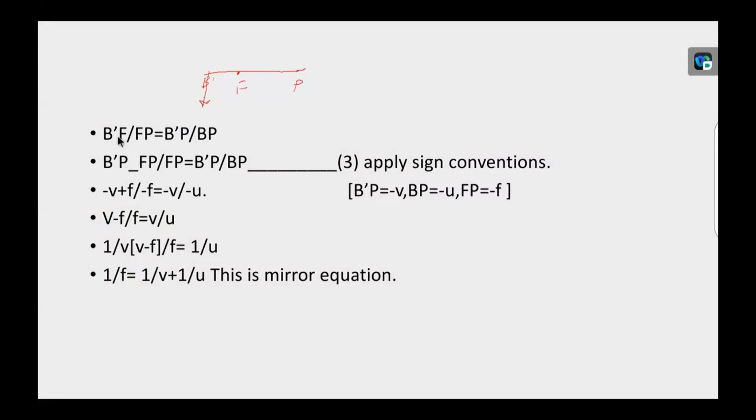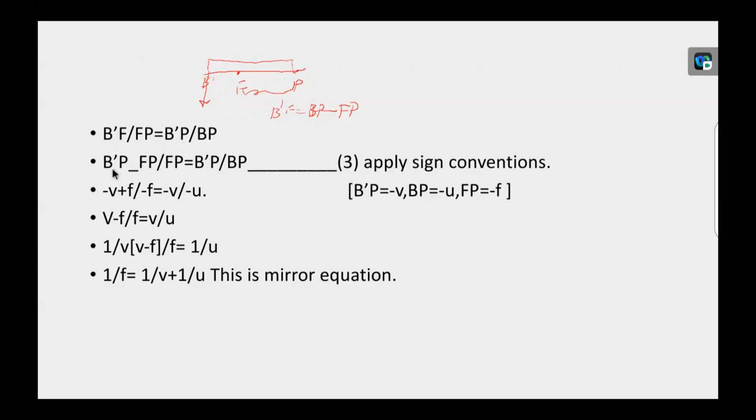In LHS side, numerator, if you observe, we have got B dash F. This we can write as B dash F can be written as the total distance, that is B dash P, minus the distance from F to P, FP. ఈ మొత్తం B dash నుంచి Pకు ఉన్న డిస్టెన్స్ లో నుంచి F నుంచి P దాకా ఉండే FP డిస్టెన్స్ తీసేస్తే మిగిలిన డిస్టెన్స్ నాకేమొస్తుంది B dash F వస్తుంది. అంటే ఇన్స్టెడ్ ఆఫ్ B dash F, I want to replace B dash P minus FP.